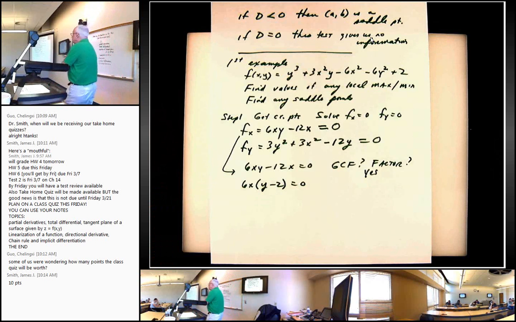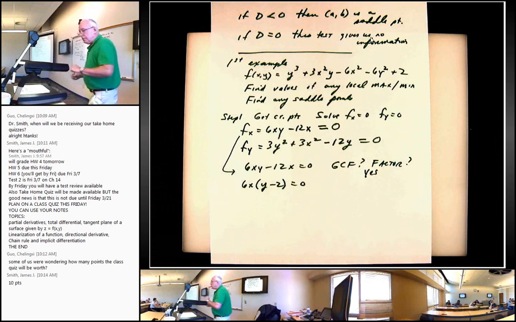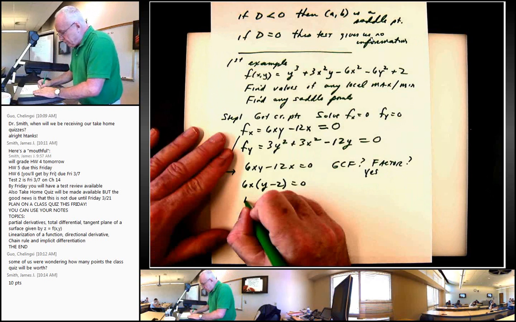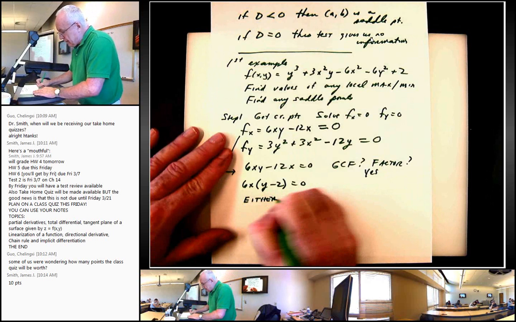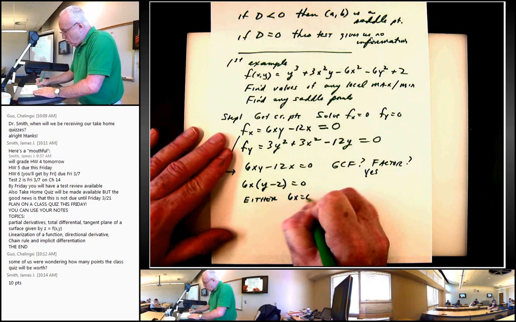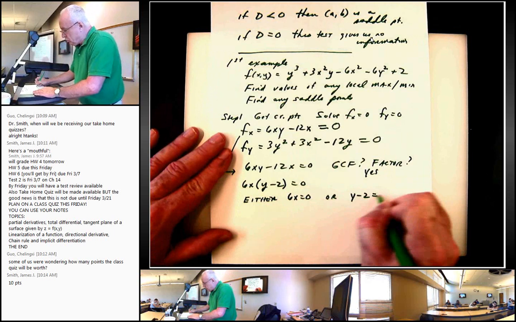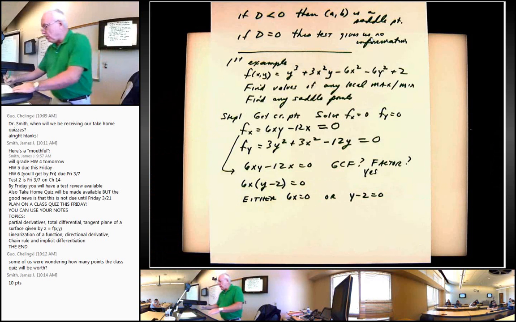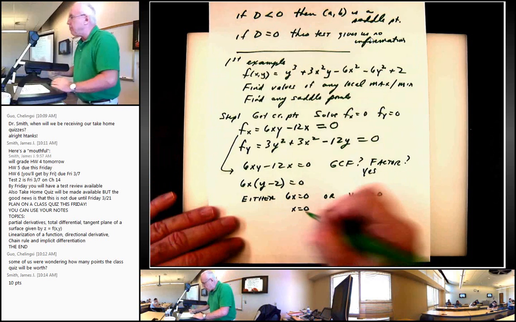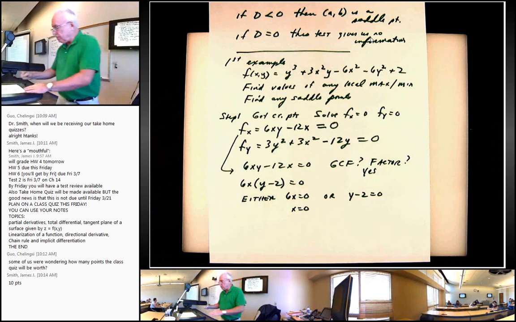So once we factor something, that's always nice. Therefore, if there are any solutions to this, we're going to have either 6x equals 0 or y minus 2 equals 0. Just the two factors. Well, of course, if 6x equals 0, that means that x is equal to 0.